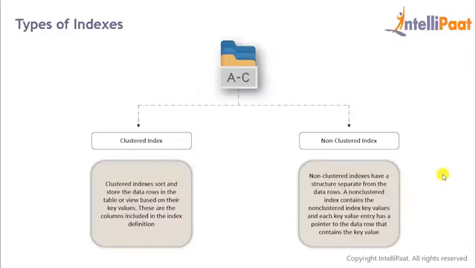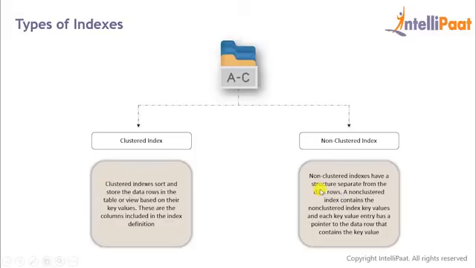So in SQL Server, indexes can be grouped into clustered and non-clustered. So a clustered index defines the order in which data is physically stored in a table. And since table data can be sorted in only one way, there can be only one clustered index per table. So in SQL Server, the primary key constraint automatically creates a clustered index on that particular column.